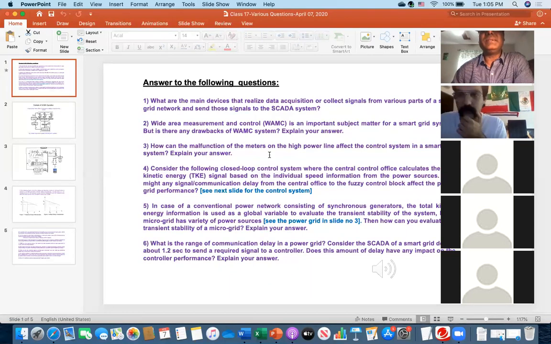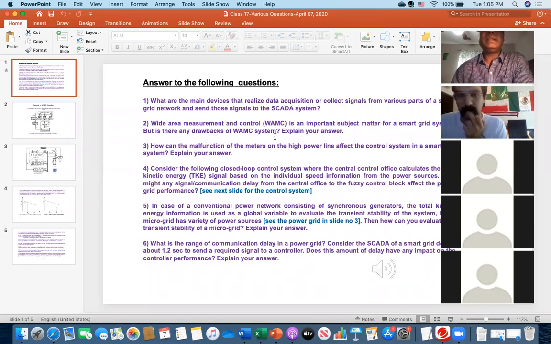Now, SCADA is the master control center or centralized control system, the master decision maker. That's why SCADA needs to collect signals and various measurements for control purposes. That's why it is called wide area. Wide area means a vast area, a very large network.